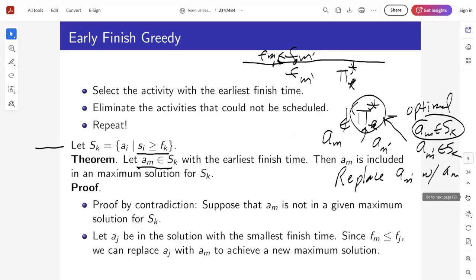They have the same number of activities, and since we began with an optimal or maximum solution, the new solution is also optimal. So this is a proof that shows that greedy choice provides the optimal solution. Greedy choice works. Works means that not only does it provide a feasible solution, but it provides an optimal solution.